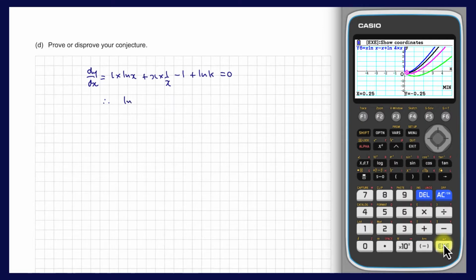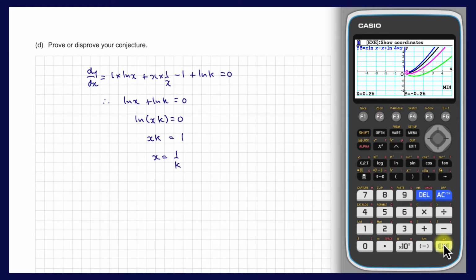Therefore, ln x plus ln k equals 0. So I'm going to use a log law there to obtain ln xk equals 0. Then I'm going to raise both sides to the power of e. So e to the ln xk is equal to xk, and e to the 0 equals 1. And that means x equals 1 on k, which is looking promising.